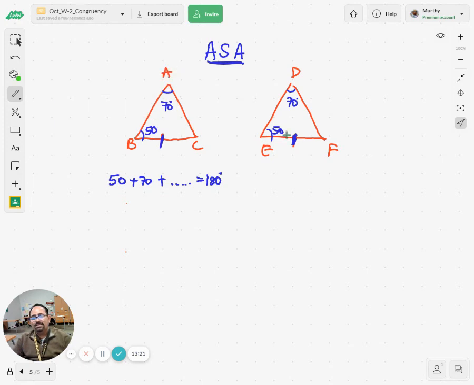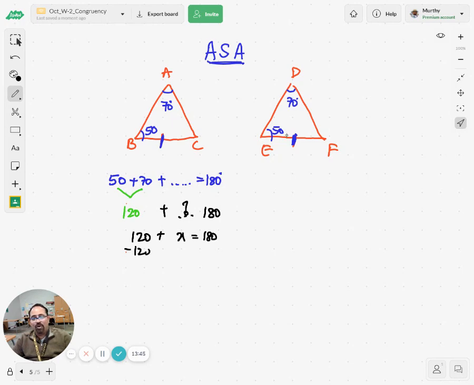Yes. The sum of two angles here is 120 degrees. 120 plus what value makes 180? You can guess, or else you can use simple algebra: 120 plus x equals 180.